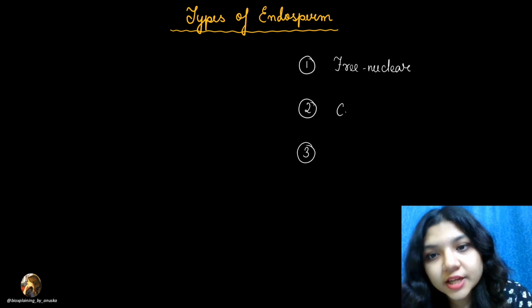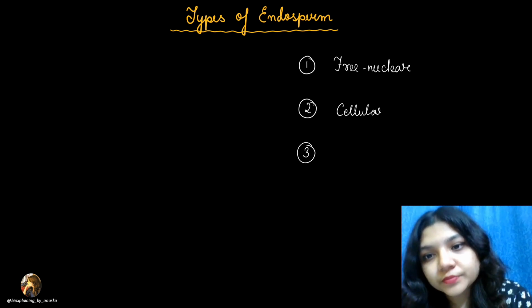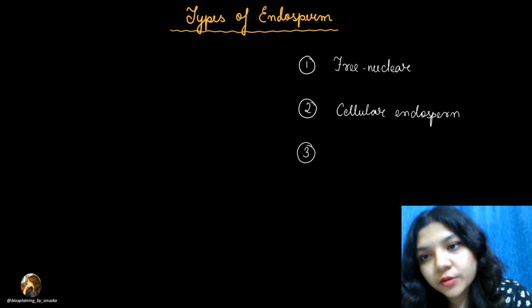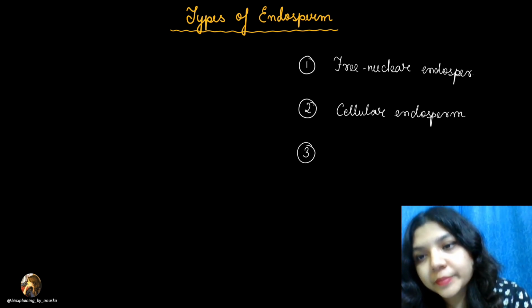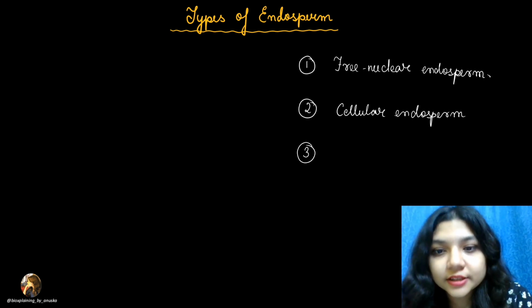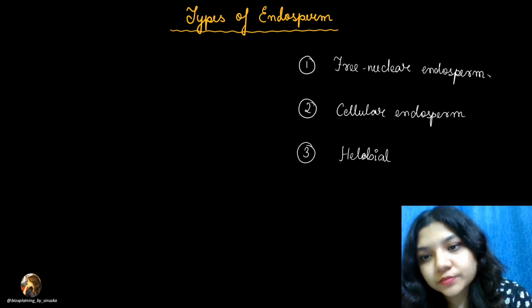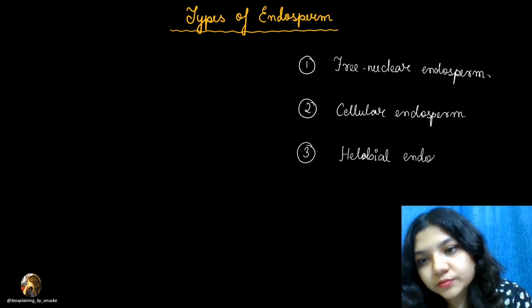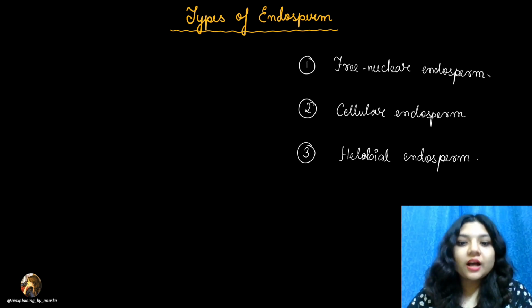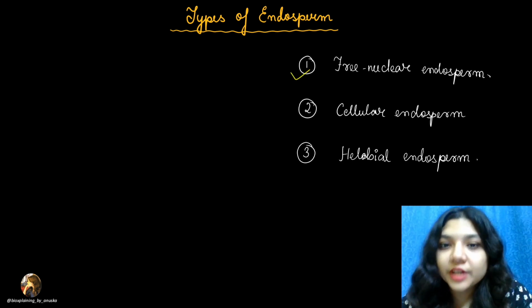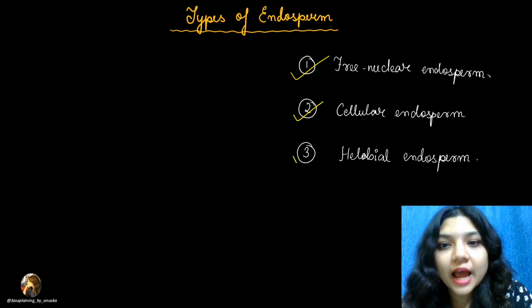The second is cellular endosperm. And the third type is halobial endosperm. So there are three major types: free nuclear, cellular, and halobial.